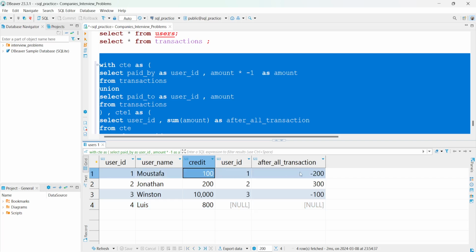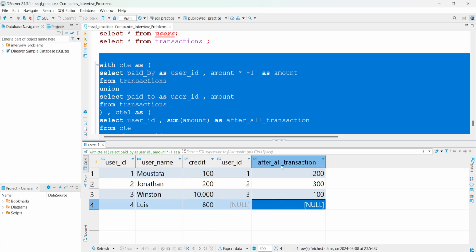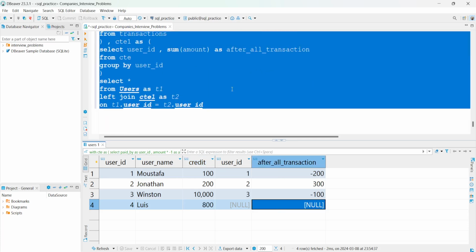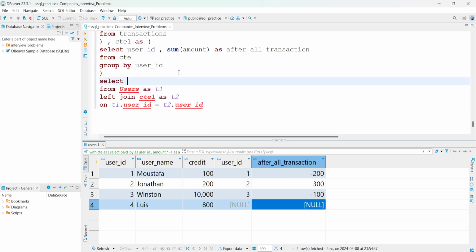When these two are summed up, here we are getting -100, here we are getting 500, here we are getting 9900, and here we are getting null. Why? Because 800 is getting summed up with the all null, so that's why we are getting null in the output, right?